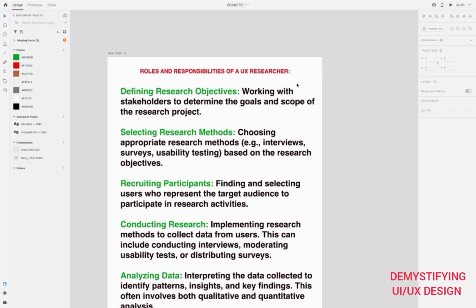Or via surveys, which are questionnaires, or usability testing. Now you can just make a prototype of it, give it to them to use, and after testing how it works, they will come back to you sharing their opinion about it.